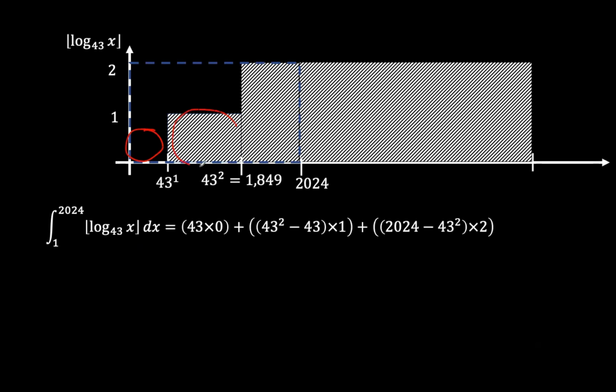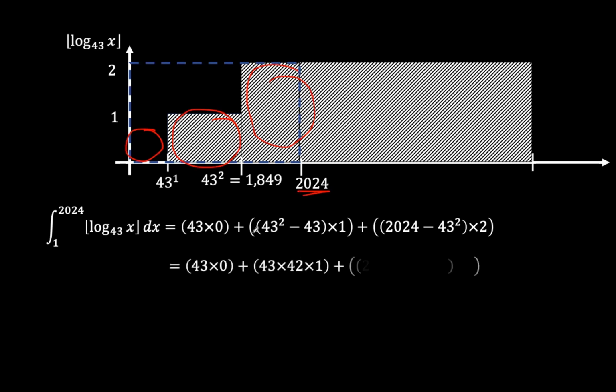And then this area here, which is 43 to the power 2 minus 43 to the power 1, which is 43, times 1, which is the height. And then this area here, which is 2024 minus 43 to the power 2 times 2, which is our height here.